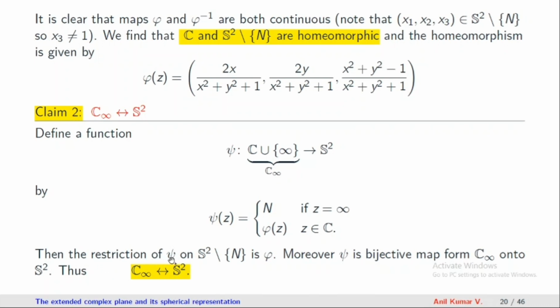Then the restriction of this function on S2 minus N is the stereographic projection phi, and moreover this function is a bijective function from C infinity onto S2. So there is a one-to-one correspondence between the elements of C infinity and the elements of S2.